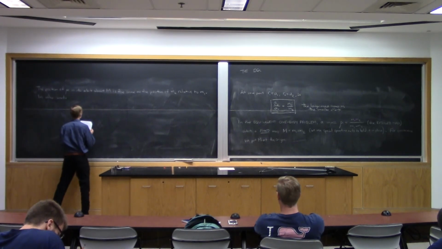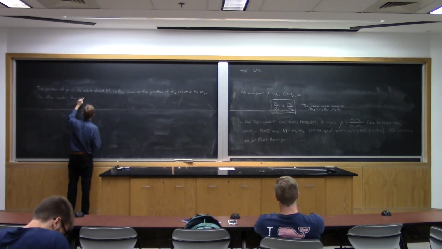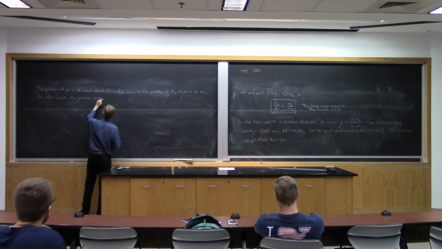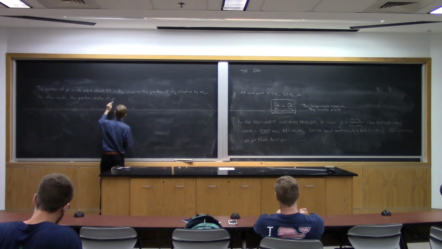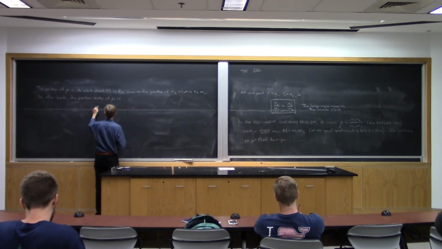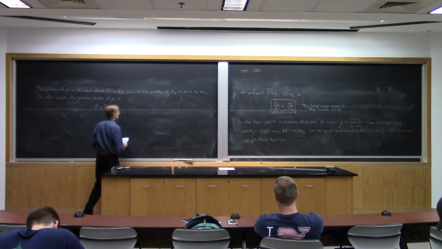In other words, the position vector of mu is in fact r equals r2 minus r1.